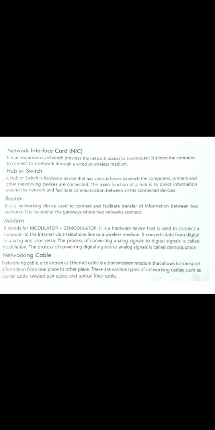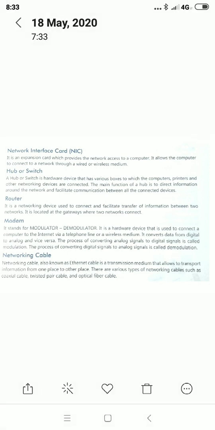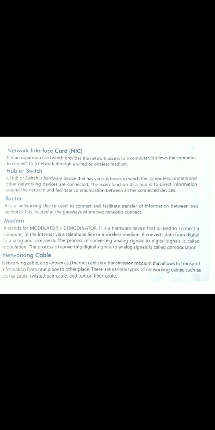From the real world, you can understand it like an extension board we use in the house for providing electricity to each and every component connected to it. In the same way in networking, it can provide access to each connected device.